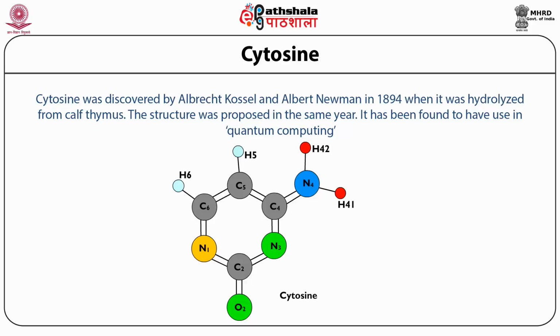The nitrogen at the N3 position and oxygen at the O2 position, which are electron acceptors, are shown by green color, and the nitrogen N1, which is involved in the linkage with the sugar phosphate backbone, is shown in yellow color.